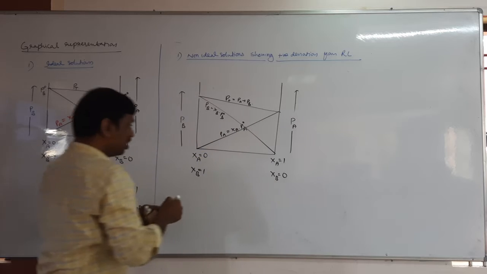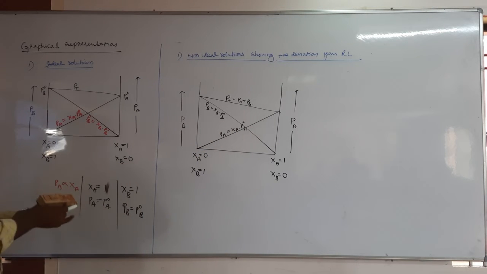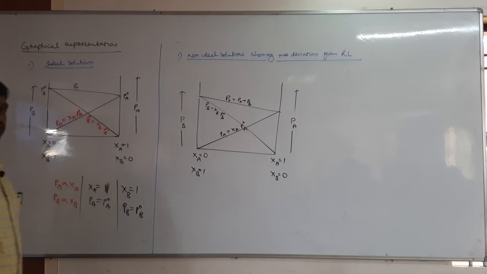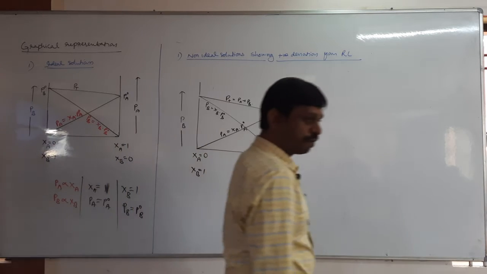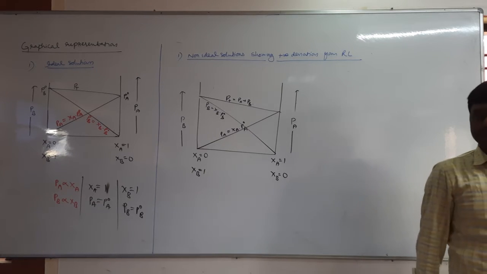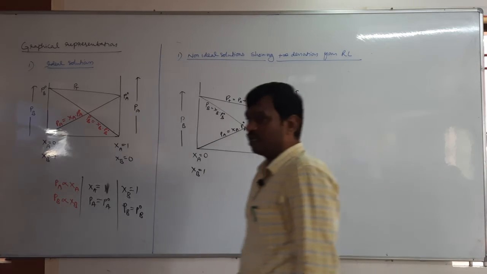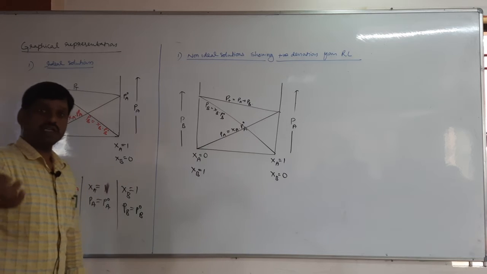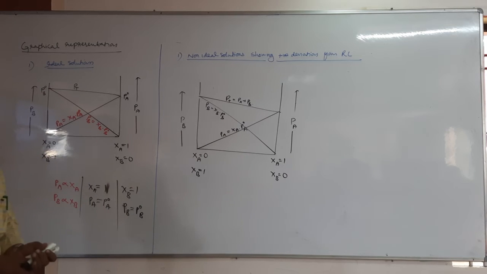It is for ideal solution, but we are studying what? Positive deviation. And tell me, in positive deviation, what happened? The vapor pressure of solution is greater than the vapor pressure determined by Raoult's law or less than the vapor pressure determined by Raoult's law? It is greater than, right? So therefore, in positive deviation, the vapor pressure of solution must be greater.